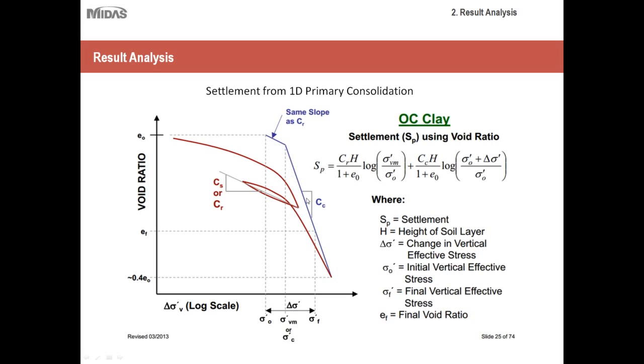So you have two slopes to take into account. As you do so, you'll see that Cr is used in this particular portion of the equation here. So that's why over-consolidated clay takes an extra step.